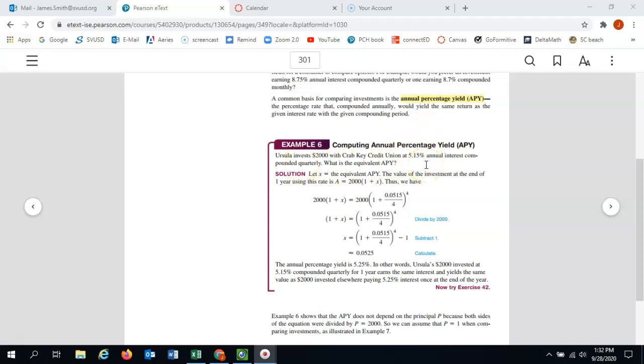Another bank says, well, we're going to invest at 5.2%, so a higher rate, but we only compound it annually, once per year. How do you know what the better deal is? This one is a smaller rate, but it's being compounded more often. So how do I know which one is going to give me more money?